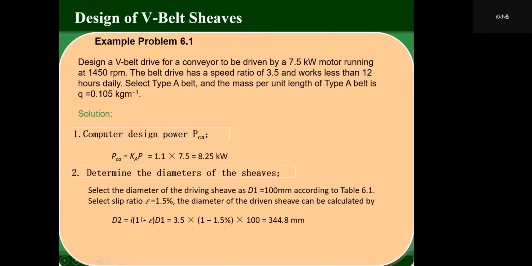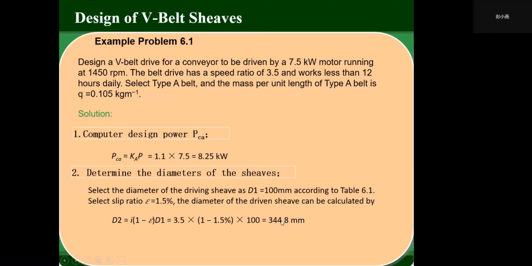So we also can use this to calculate D2, but here we consider the slip ratio and select it, and the calculated value for D2 is 344.8 millimeter. It is not standard, okay?